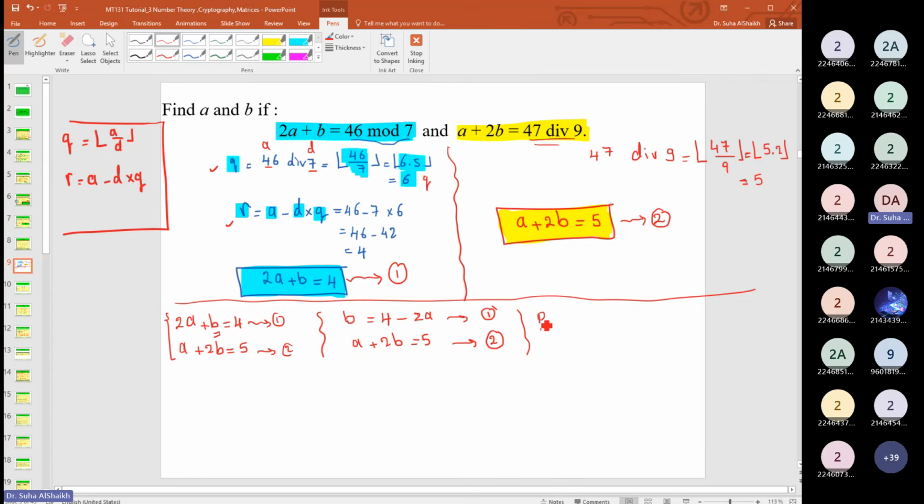Then I'm going to put equation 1 dash in equation number 2.